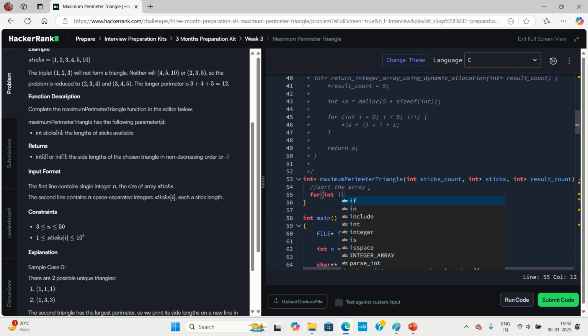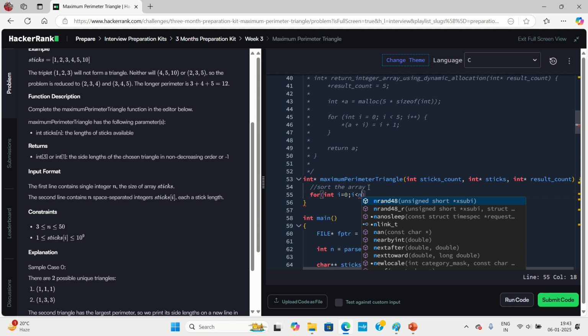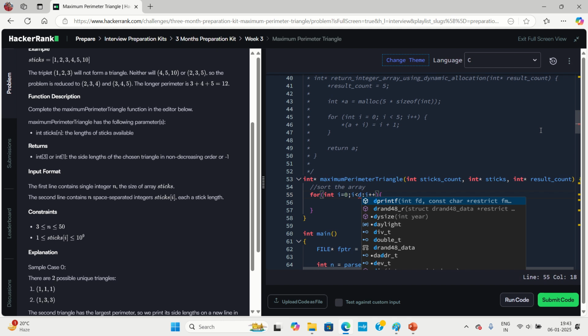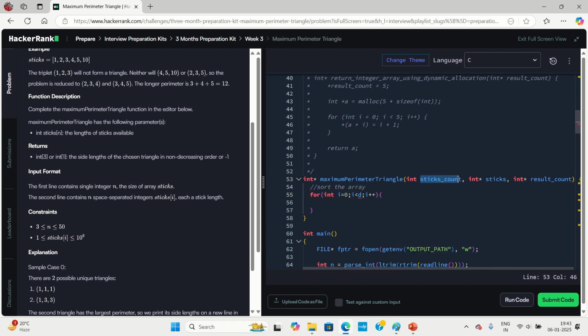For int i equal to 0, i less than n, i plus plus, opening brace. What is n here? Instead of n, we can take sticks count, because they have mentioned that sticks count is the size of the array. Obviously this is understood.